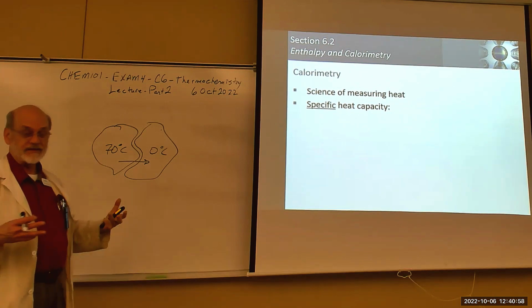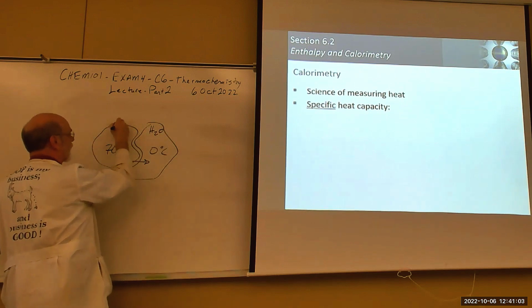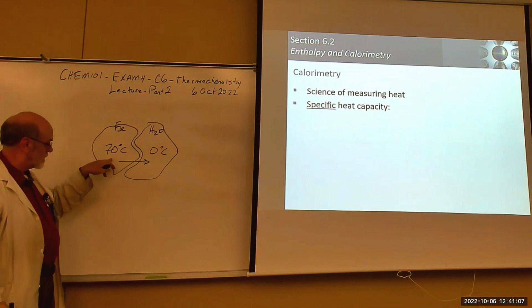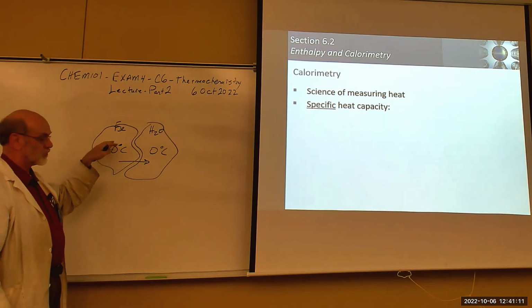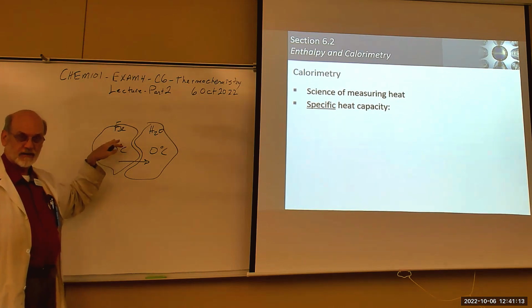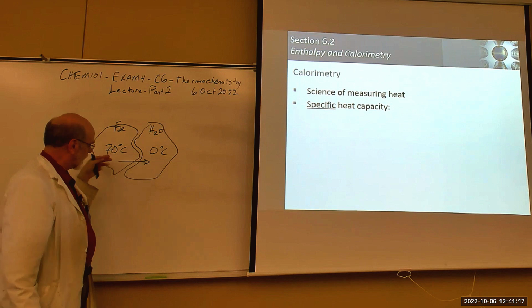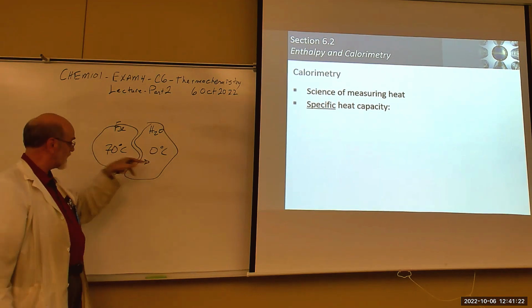If it's made from something different, like say this is water, and this is iron. At that temperature, and with the temperature change, a certain amount of heat will be transferred. But water will get all of that heat transferred, but its temperature won't change the same as this one.